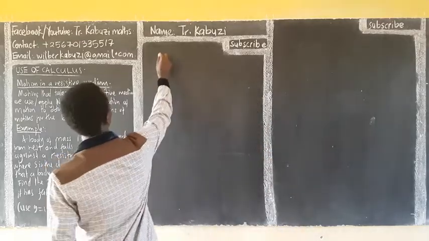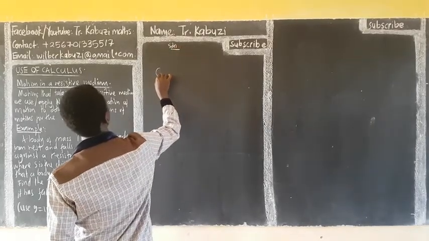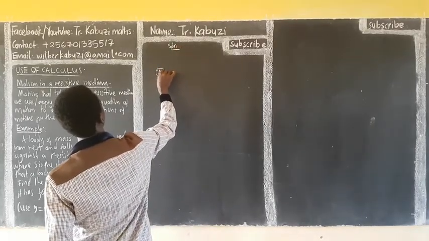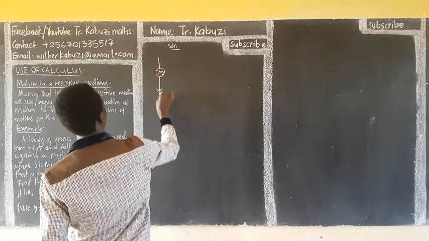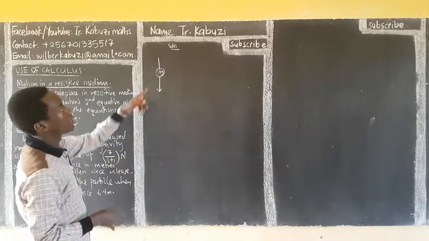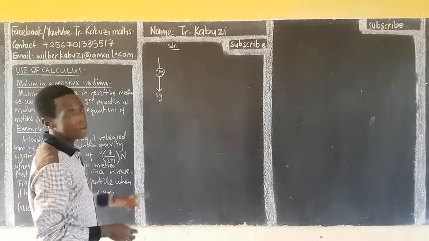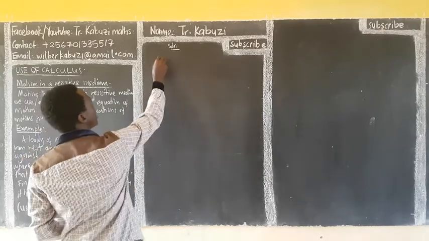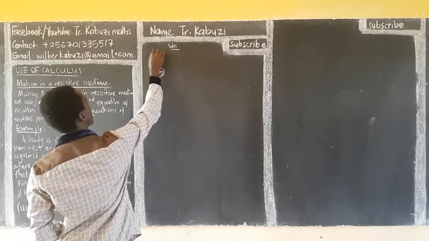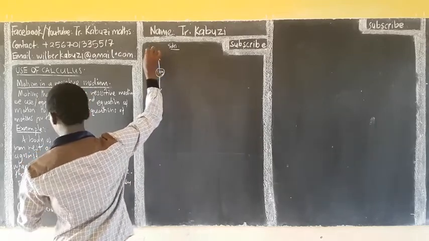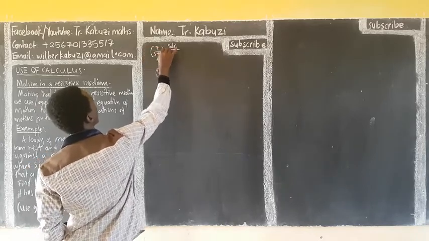Okay, now we have a particle of 1 kilogram. It's falling, and what is pulling it down is the weight, which is the mass times gravity. Now this one is facing a resistance, which is 7 over S plus 1.